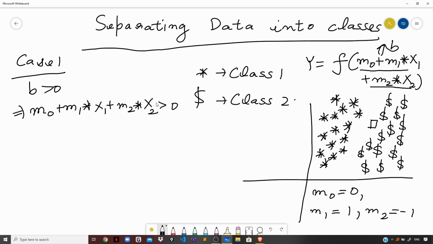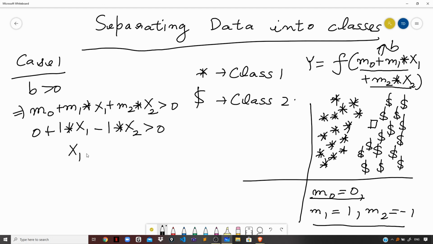Now put the assumed values into this inequality. So you will have 0 plus 1 into x1 minus 1 into x2 greater than 0. So x1 minus x2 is greater than 0. And if a point satisfies this inequality, we can say it belongs to class 1. That means y is equal to 1.